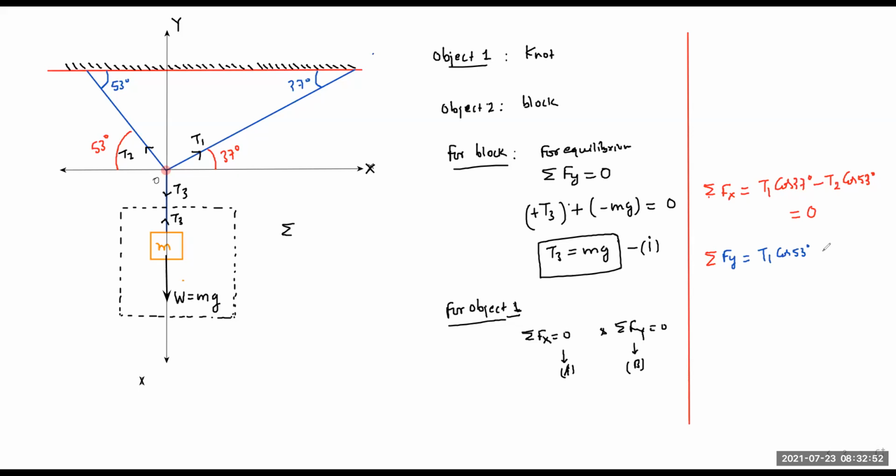Sir, it's minus T2 cos 37 degree. But my question is how you arrive at the conclusion that it will be, sorry, plus. Yeah, plus. That's the right answer. So this is T2 cos 37, or you can say sine 53, both are the same. Okay, very good.